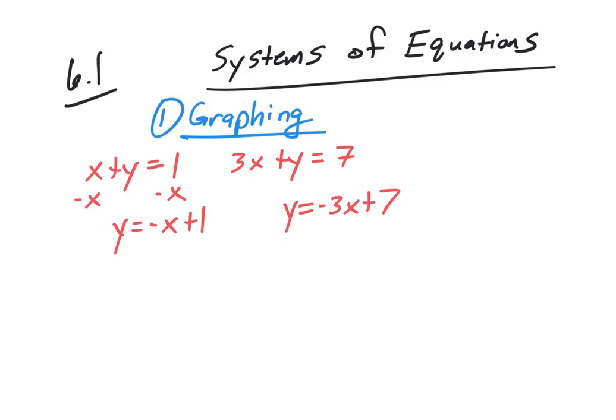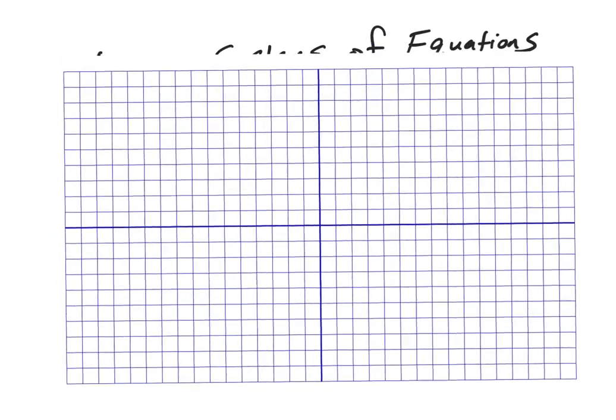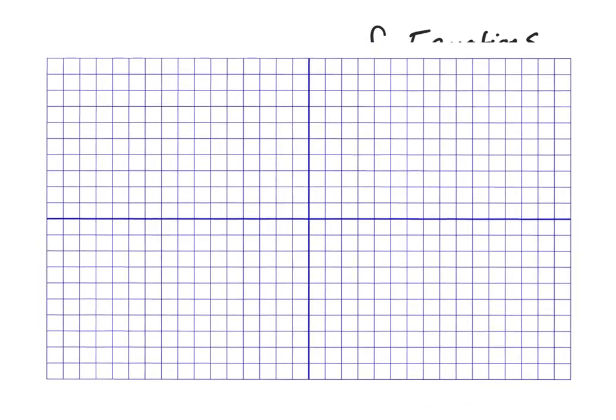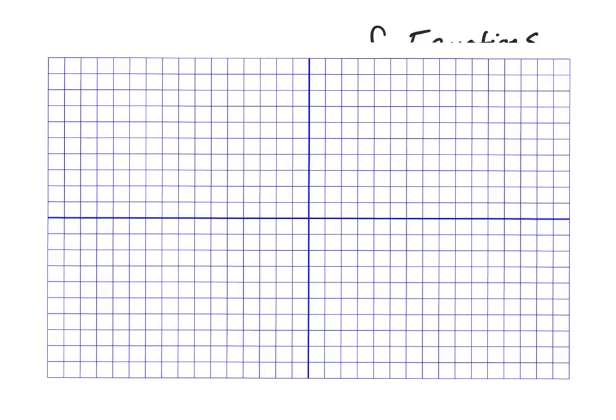I'm going to pull up a piece of graph paper because it'll make this a little bit easier to graph. All right, so the first one was negative x plus 1. We're going to go up 1 on our y-axis. We're going to go down 1, right 1 with our slope.